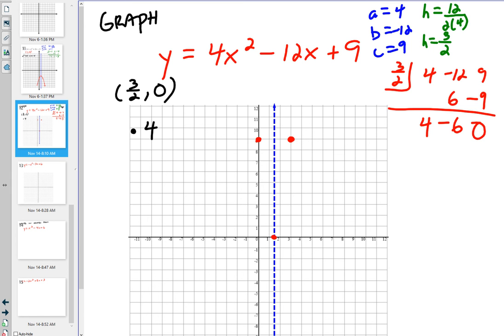So I would like to go a space that once I square, because I'm supposed to square a number and then multiply times 4, it'd be great if the denominator could cancel, because then I won't have to count as a fraction. How far away is the closest line? I know normally we count 1 space or 2 spaces away. How far away is the closest line from the axis of symmetry?